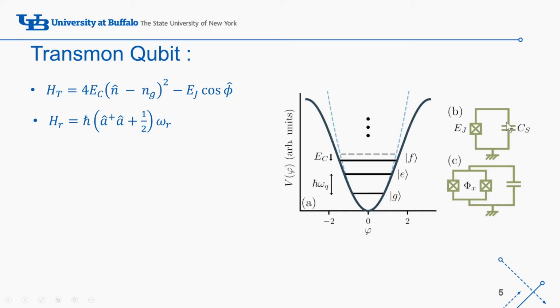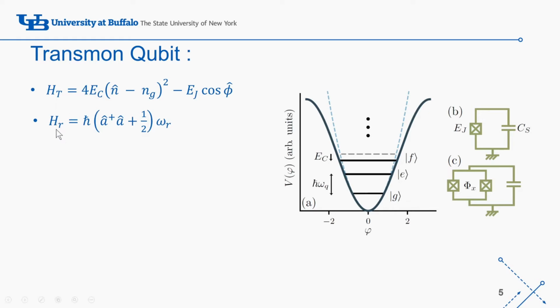These two things together give us the Transmon qubit. If you want to think of it in terms of a Hamiltonian, you can see it here in the first equation. Sometimes people also call it an anharmonic oscillator, which I'll talk about in a few minutes.